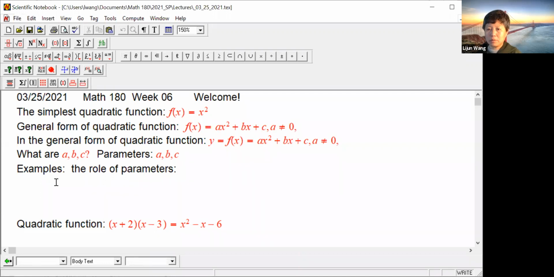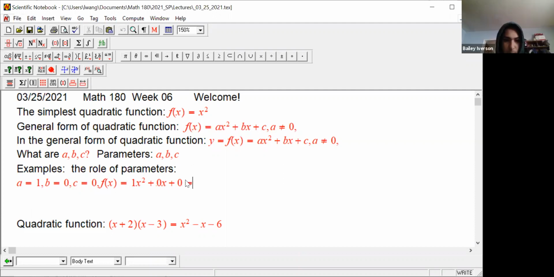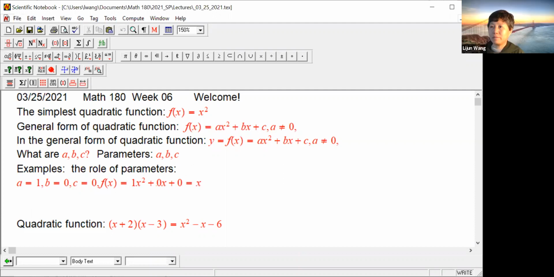For example, if I let a equal 1, b equal 0, c equal 0, what will happen to this general form? If I substitute a by 1, b by 0, c by 0, what do I get? x squared.